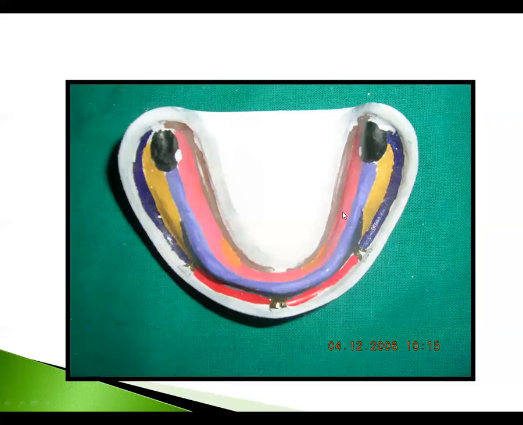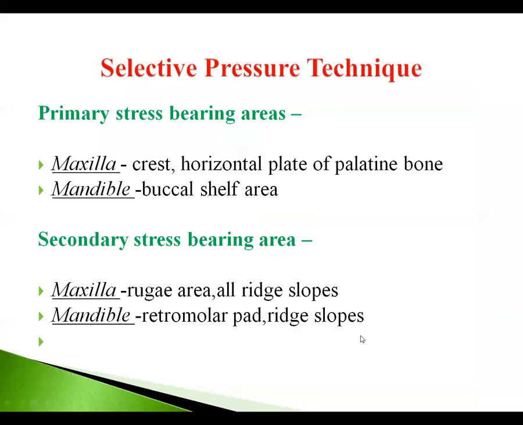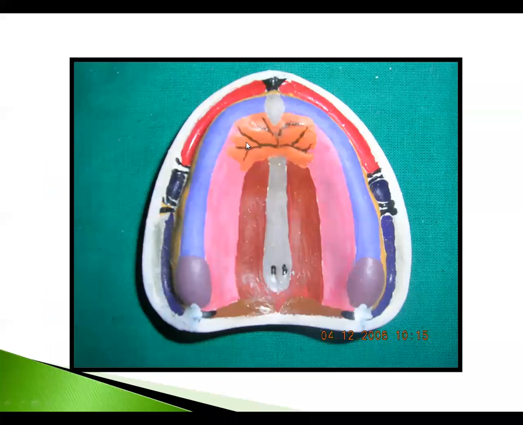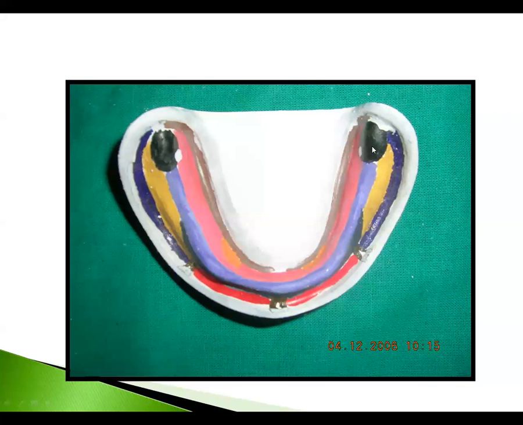In the mandible, this area, the buccal shelf area, is the primary stress bearing area. The secondary stress bearing areas are the rugae area and all ridge slopes. This is the rugae area, as you can see, and the mandibular ridge slopes and the retromolar pad.